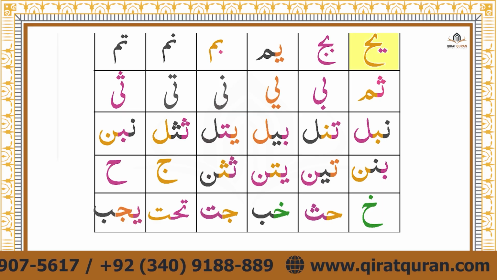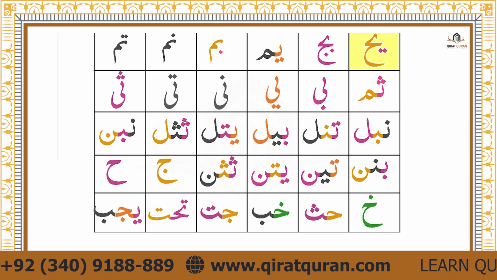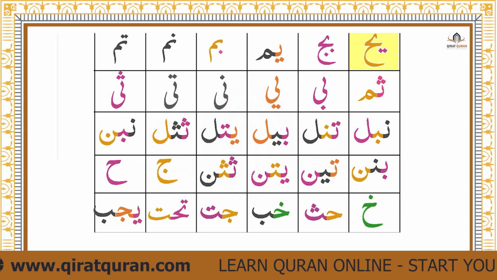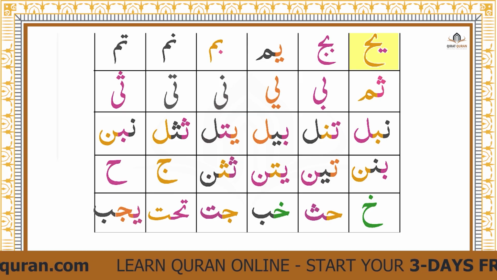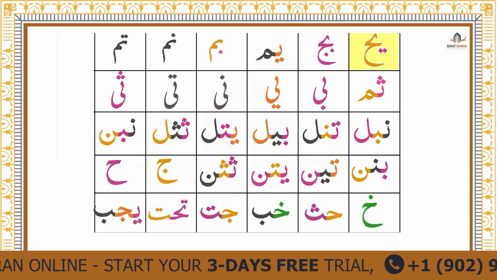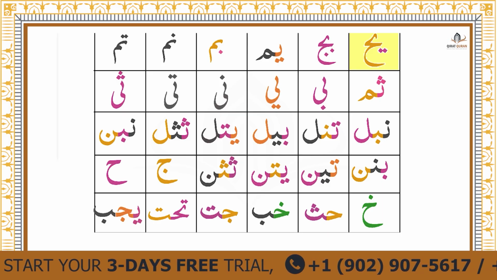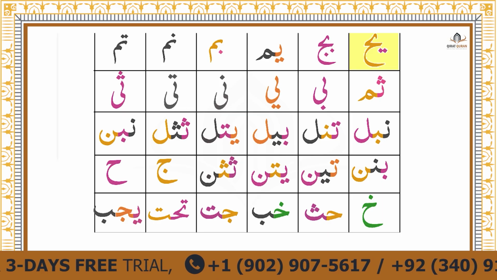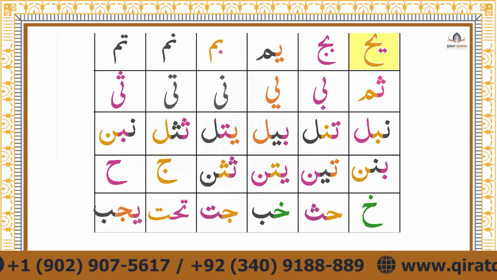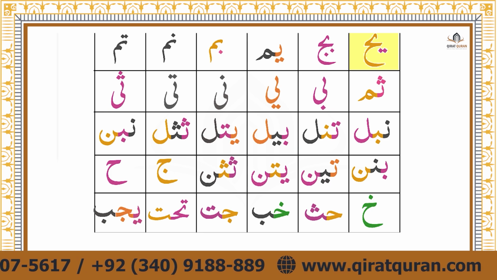Now the first two letters we have. The first letter has two dots at the bottom. We already know that the letter which has two dots at the bottom is Ya. And the second letter is Ha. Ha is in its original shape, so we can recognize the Ha easily.